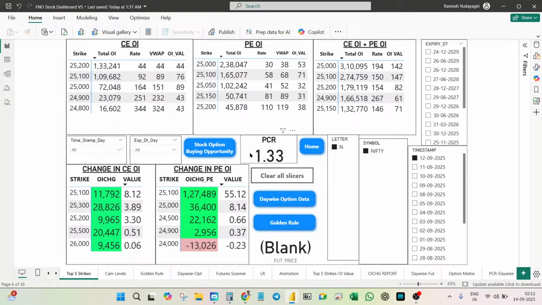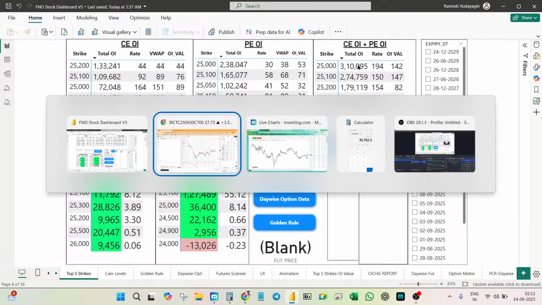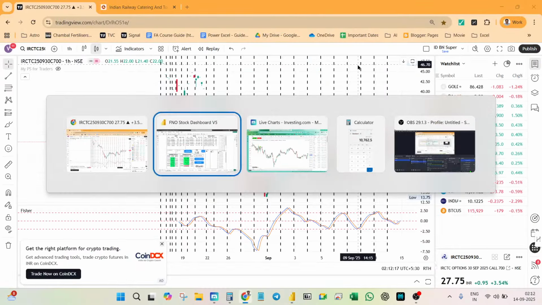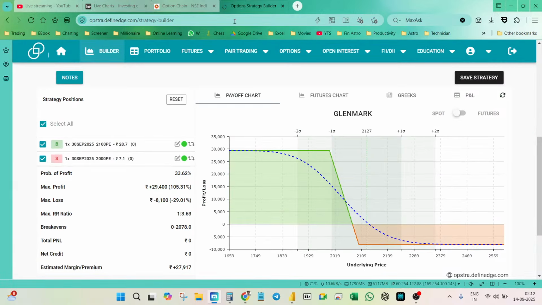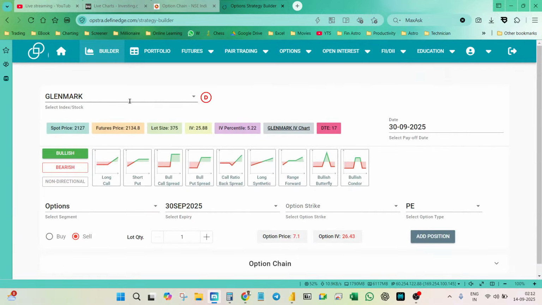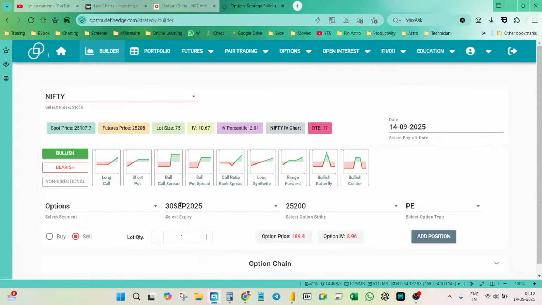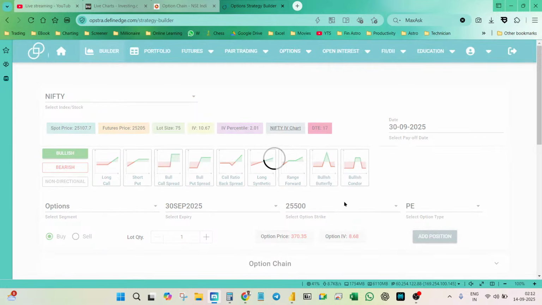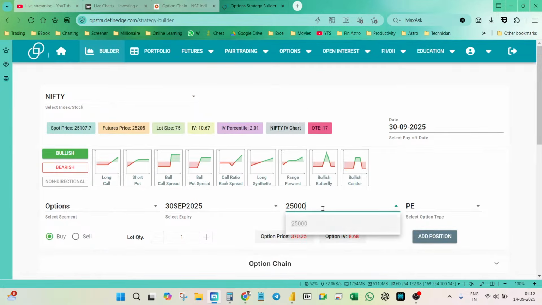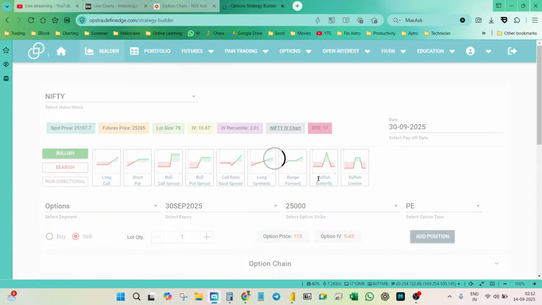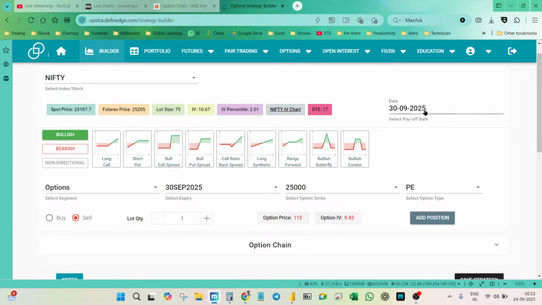So if you are going for an opportunity like this, what I would suggest, for example, on Nifty, is to go for the month end expiry: buy the 25,500 put option, one lot at 370, and sell the 25,000 put option, one lot at around 115.